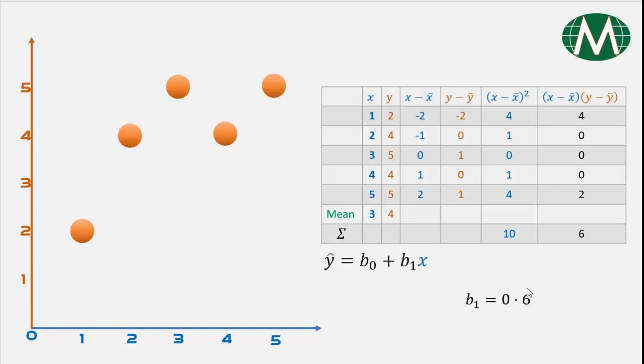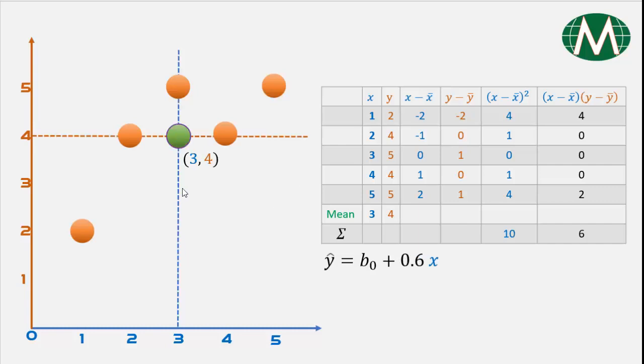Now we will put this 0.6 here, and the equation will become like this. As we know, the regression line always passes through the average of the data. This green bubble is the mean of the data, so the regression line must pass through this point.